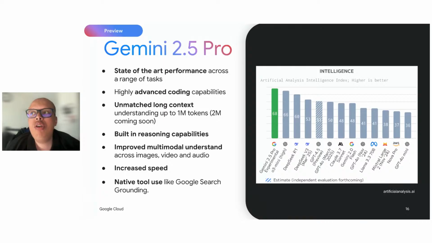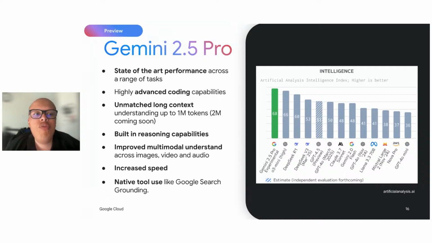By the way, for the English language, a token is 0.75 words. So imagine the amount of information that you could put into the context of your agent that is powered by Gemini 2.5 Pro, and imagine the quality and the reliability of the behavior that you will get out of that.